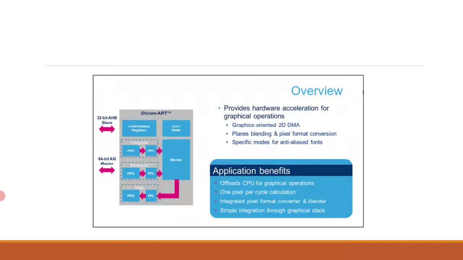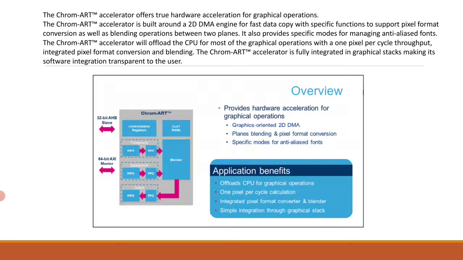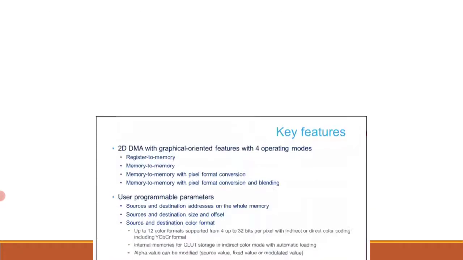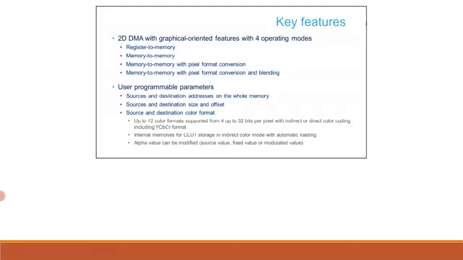The key features are 2D DMA with graphical oriented features with 4 operating modes, namely register to memory for rectangle filling operation, memory to memory for 2D memory copy operations, memory to memory with pixel format conversion for bitmap drawing with format conversion, and memory to memory with pixel format conversion and blending for bitmap or text drawing with transparency.